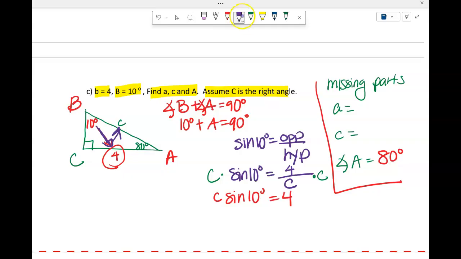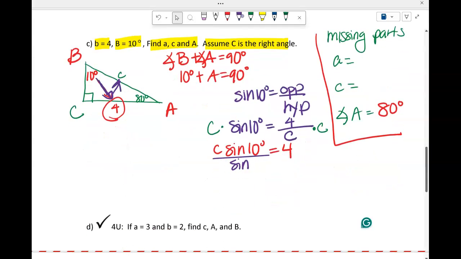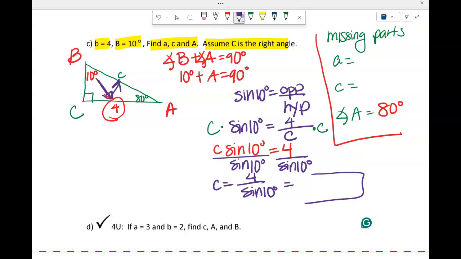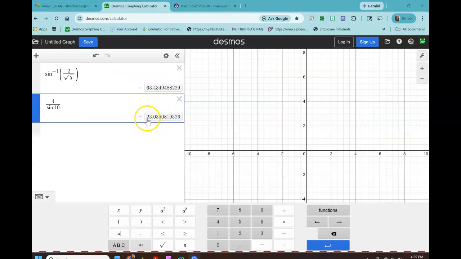Keep in mind we're solving for C, so divide both sides by sine of 10 degrees. So C is 4 divided by sine of 10 degrees, and round to 2 decimal places for me, please. Okay, so did you guys get 23.04?